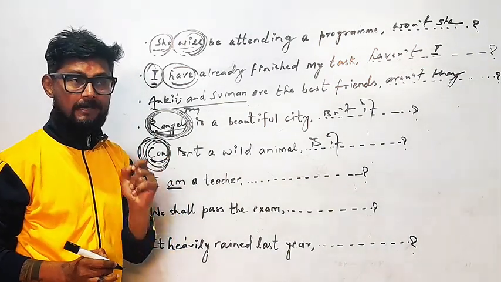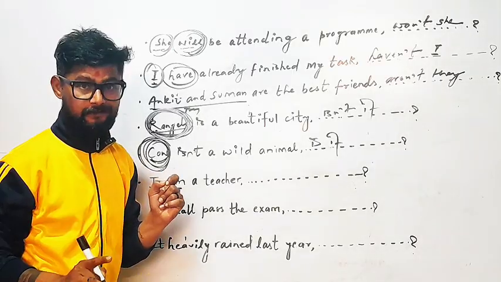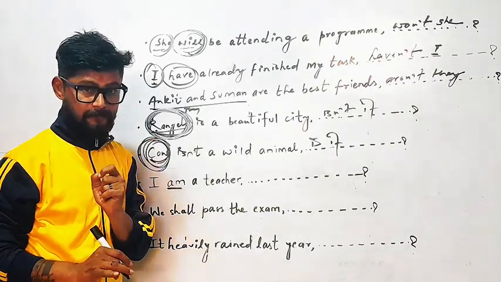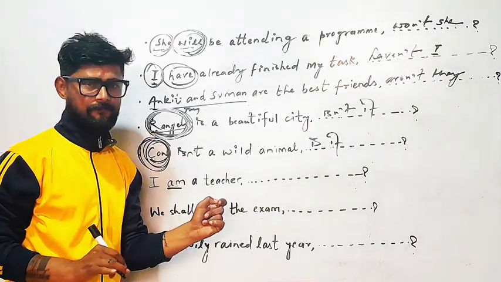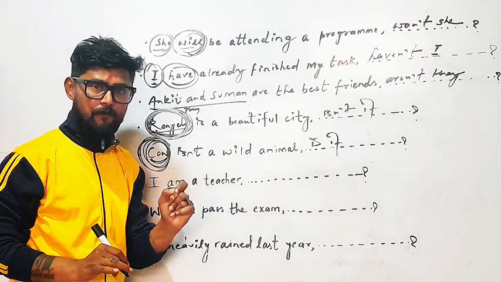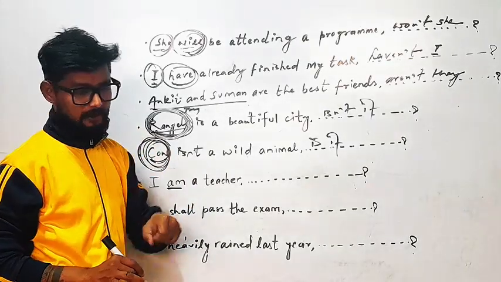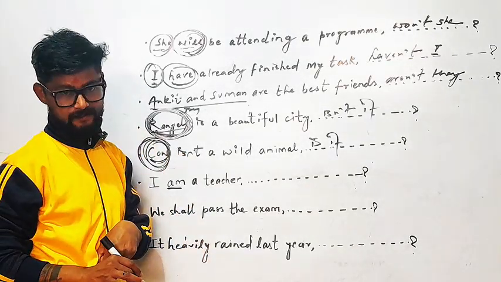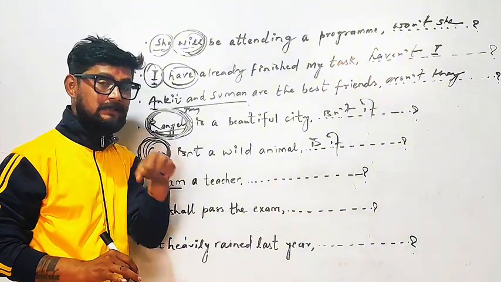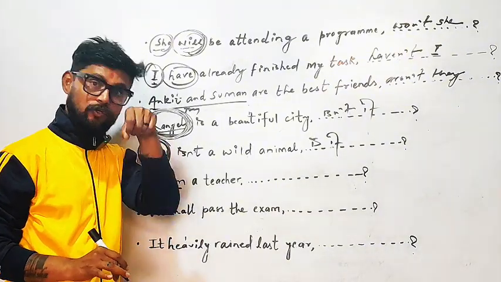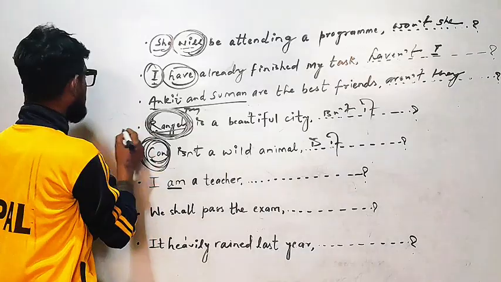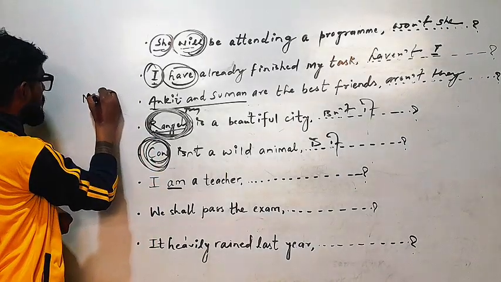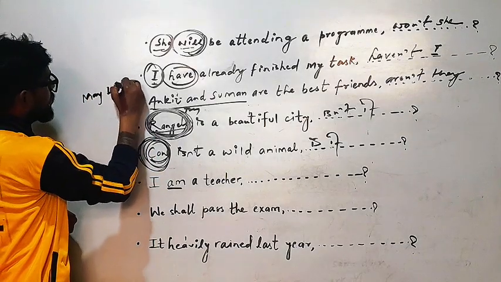Am plus not, aren't. And remember that we do not have a contracted form of may plus not, because it cannot be contracted. So may not does not have a contracted form. We must write there may I not.